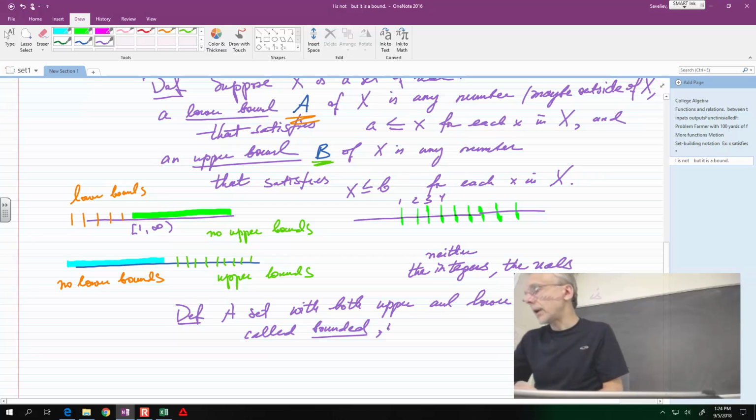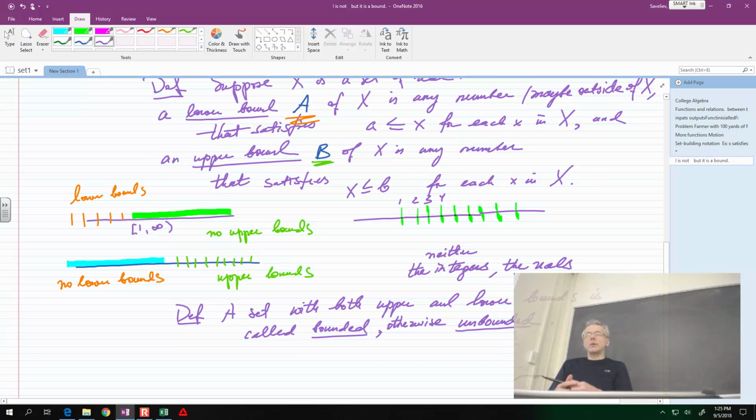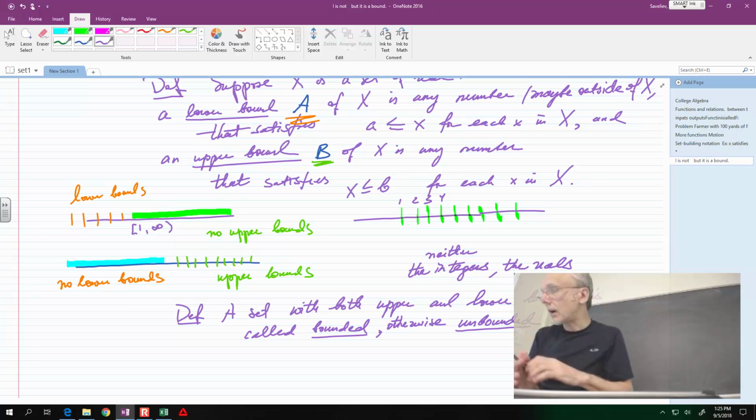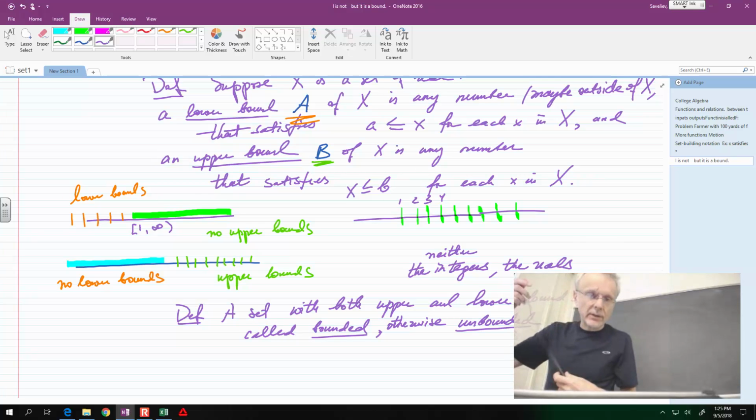Otherwise, unbounded. So that's a way to deal with infinities. That's what an unbounded set is. It kind of goes towards infinity, one way or the other. So at least we know which ones we do or do not have to worry about going too far to infinity. If the set is bounded, then it has bounds on both sides, and the numbers are limited in size. Let's put it this way.